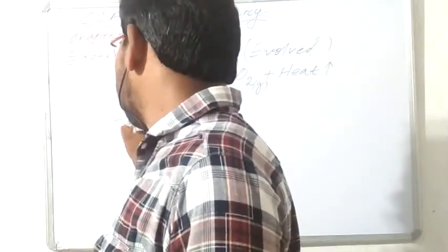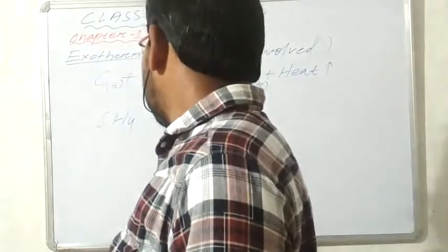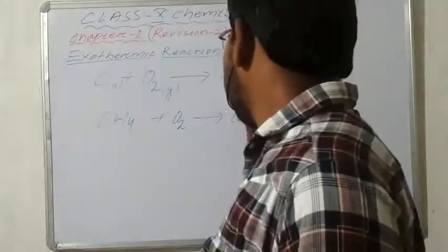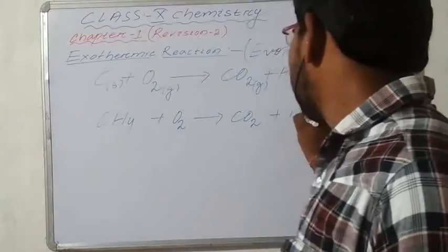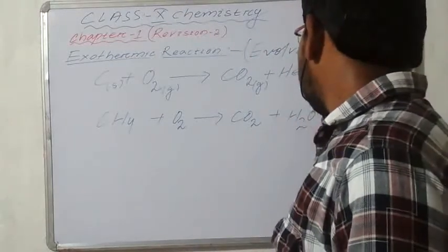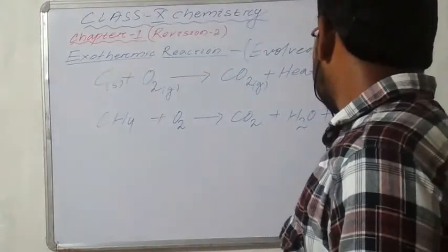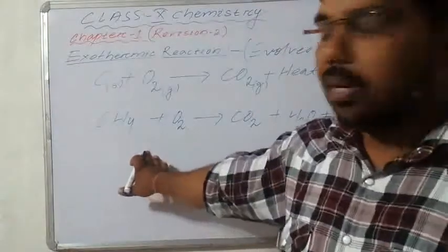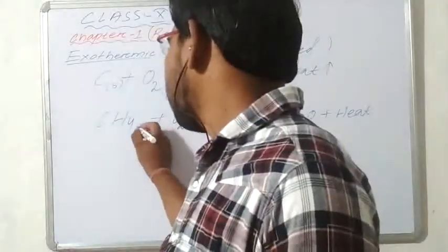Another example is CH4 plus O2 to form CO2 plus H2O plus heat. CH4 means methane. This is methane gas.